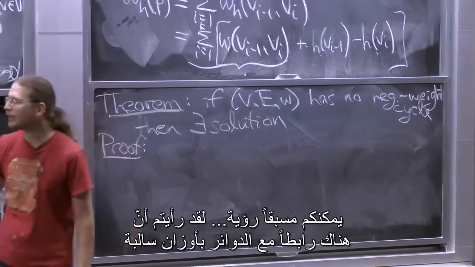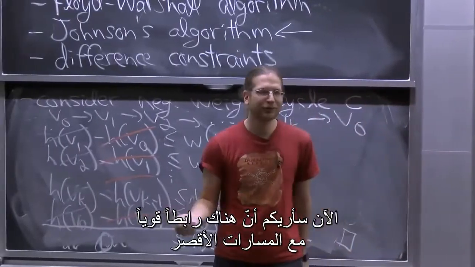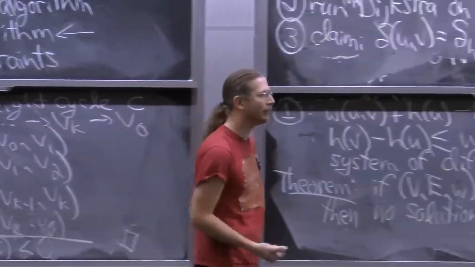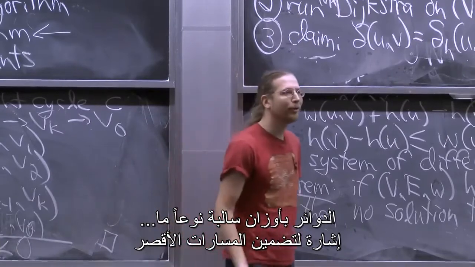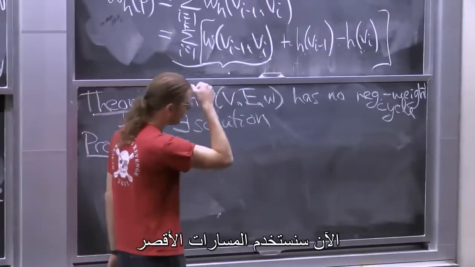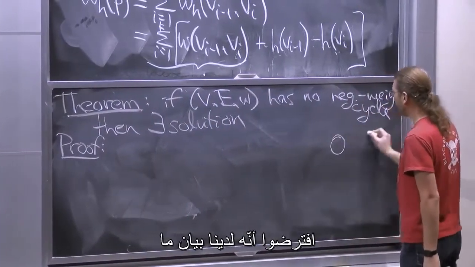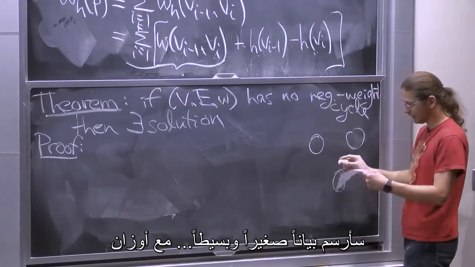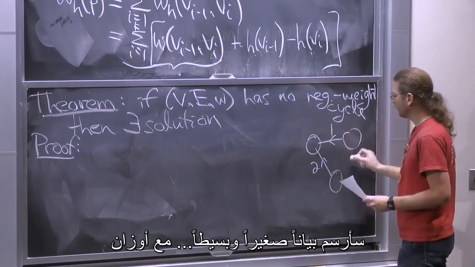You've already seen that there's a connection to negative weight cycles. Now I'm going to show there's a real connection to shortest paths. Negative weight cycles are just kind of a symptom of shortest paths being involved. So now we're going to use shortest paths. Suppose we have some graph. I'm going to draw a simple little graph with weights.